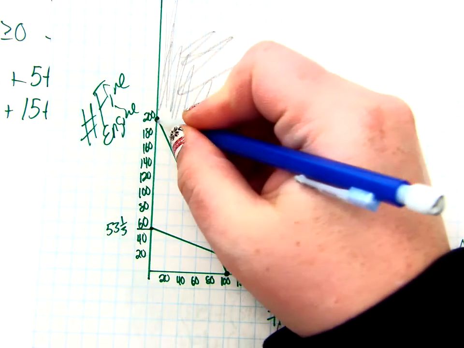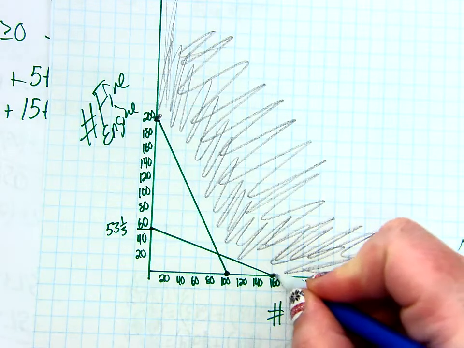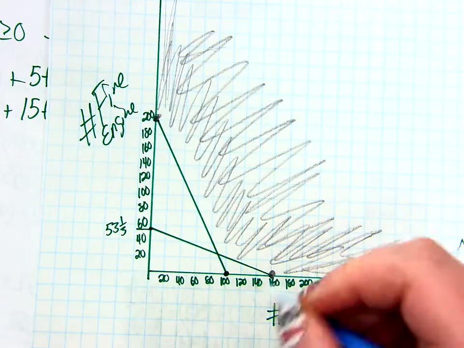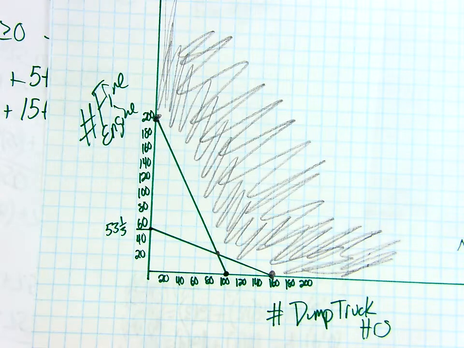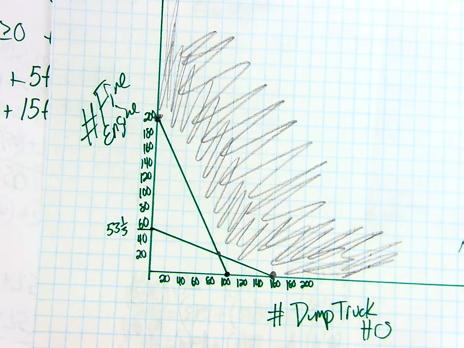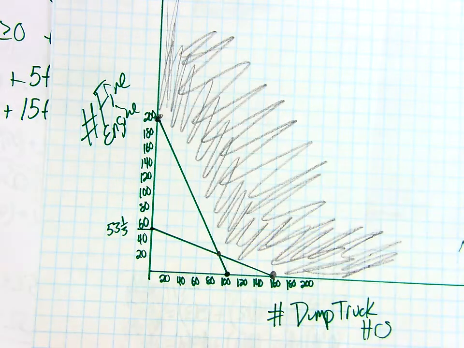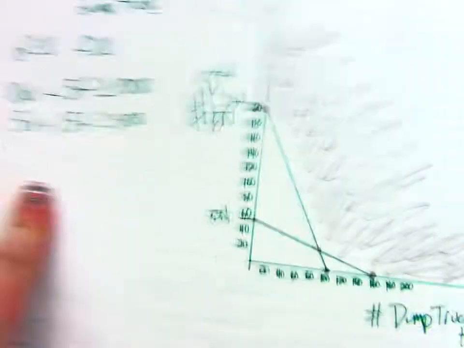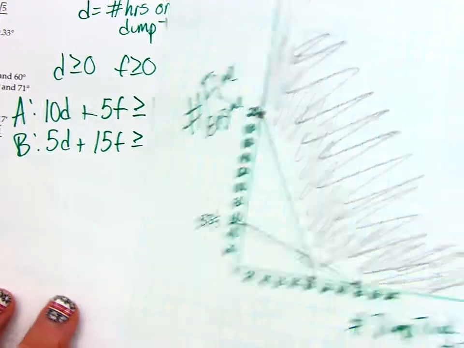So my ordered pairs are going to be here, (0, 200), here, (160, 0), and then also here, but we ran into a snag because it's not on a nice spot. How do you figure out where exactly that point is? Yes, you have to solve these two equations and see where they intersect.